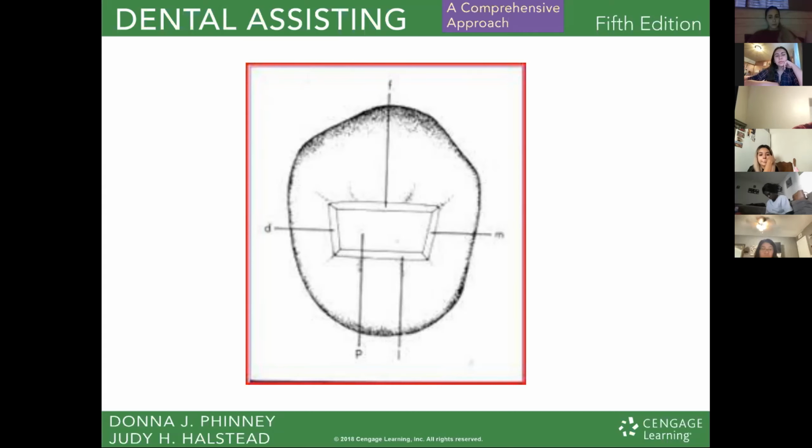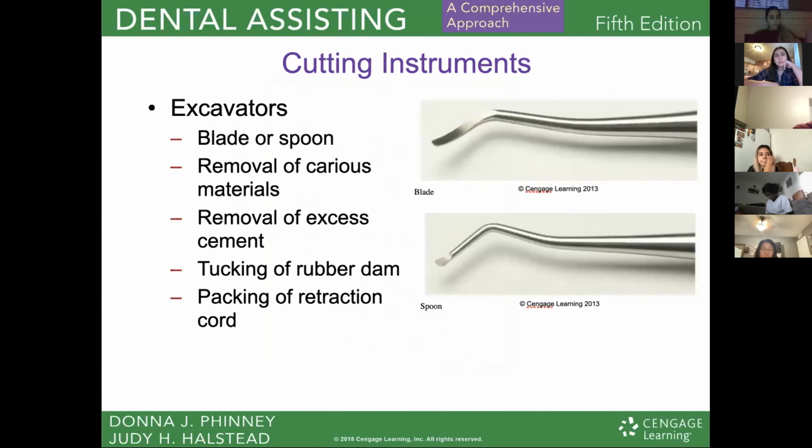Okay, all right, so let's go on to this next one. Now we have what we call excavators. So excavators can be either a blade, which is what we see in this top image, or it can be a spoon, which we see in this bottom image. And it's kind of hard to see, but this isn't like a flat disc.